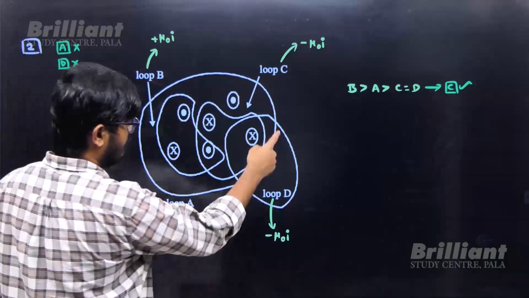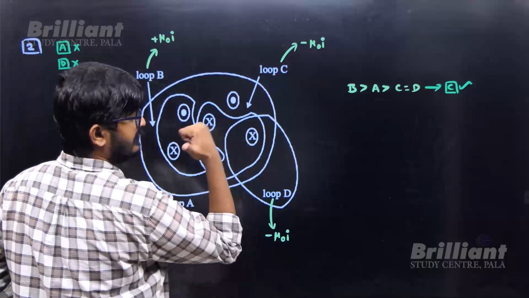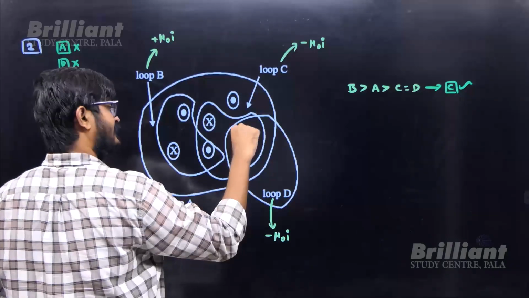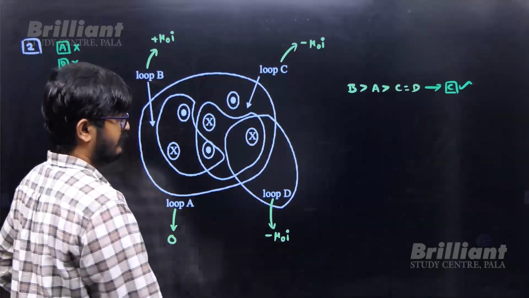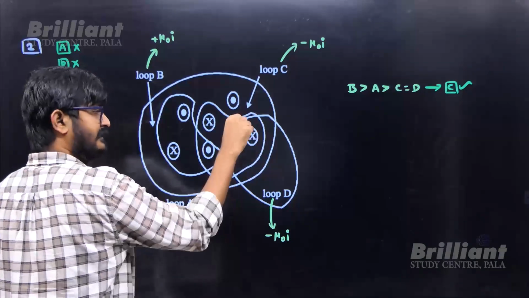Now if I take this loop D, counterclockwise, this current is positive, but this current is negative. So minus mu naught times I. The only current is I, but in this direction, not this direction.